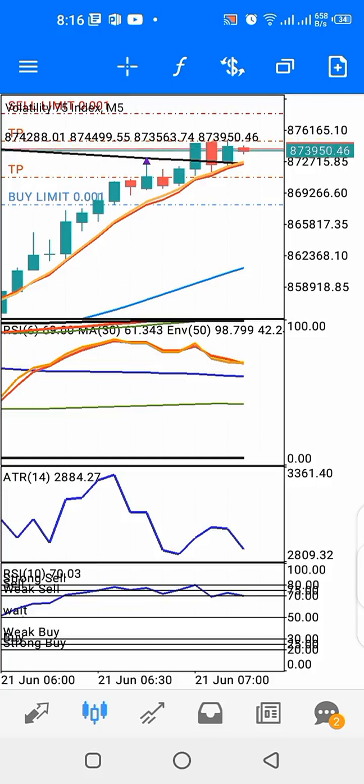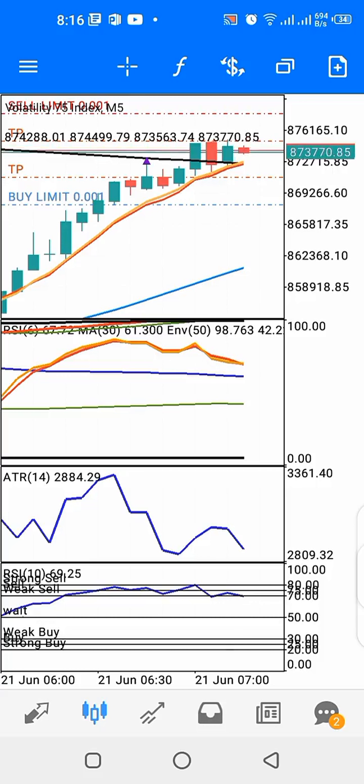For now, price has been trending up on the 5-minute chart, and it has come to where it is now, and it's now ranging. So I set my buy limit and my sell limit as a boundary for this range. I also plot the midpoint of the sell limit and the buy limit.